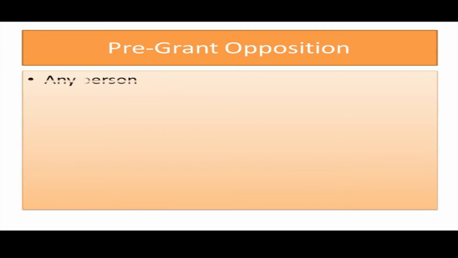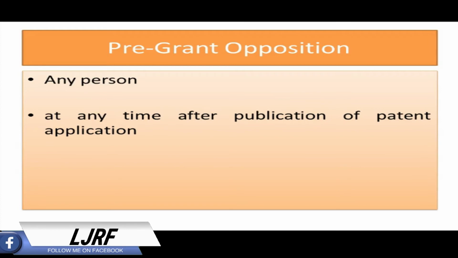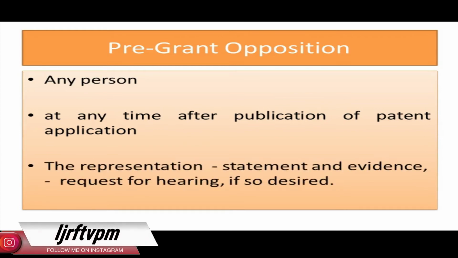What patent law says is any person can make an objection, any person can make an opposition, at any time after the publication of the patent application. At any time does not mean unlimited time; there is a time limit for that, and the representation, statement, and evidence with a request for hearing can be made.